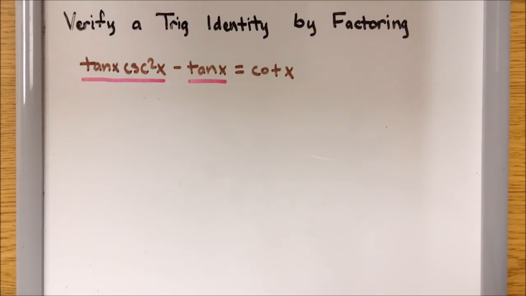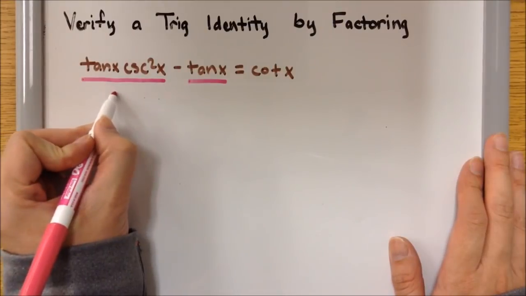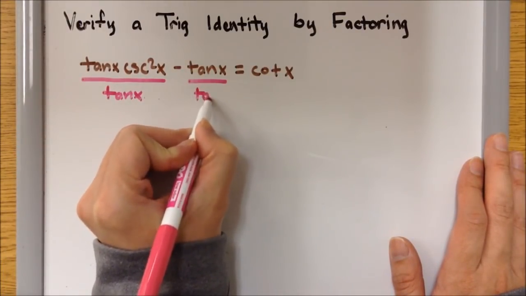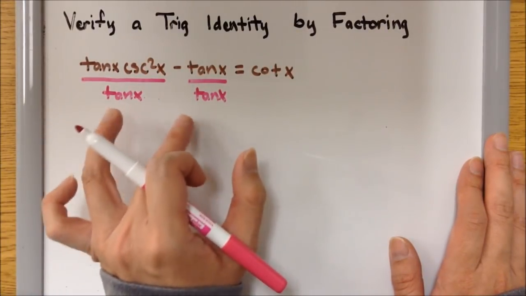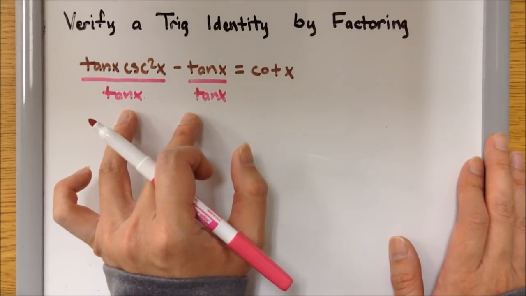I'm going to do this step by step. When I'm factoring out, I'm actually undistributing, meaning I'm going to divide by that common factor. So I'm dividing these two parts by the common factor, which is tangent of x.